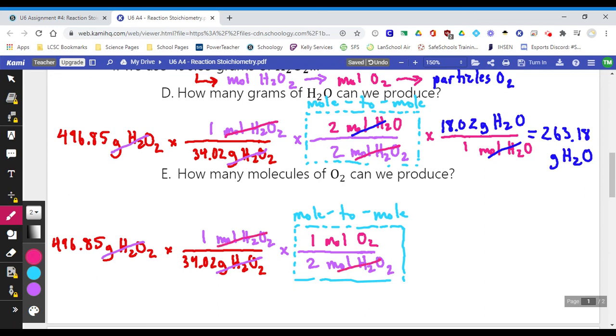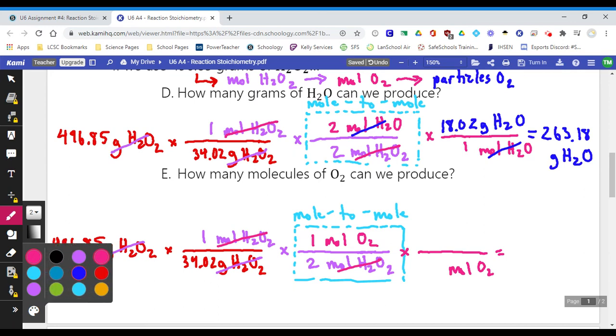Okay, so another fraction bar down. Our last step is to get out of moles of O2, moles of O2, and to get grams, or sorry, particles of O2.